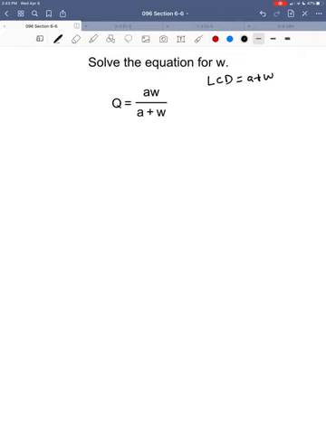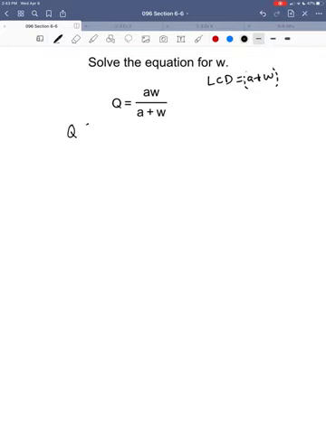So I'm just going to multiply both sides by A plus W. Now, I've got to think of that A plus W as its own quantity, so I could sort of imagine it in parentheses. That's pretty important on the left here, and I can write it either before or after the Q. As long as I'm multiplying, it doesn't matter.